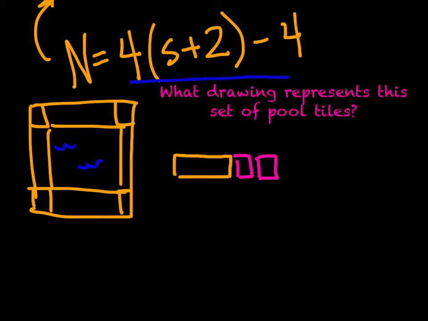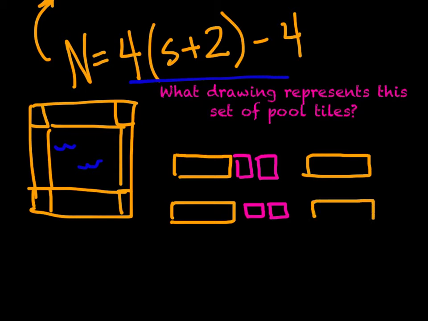So we have one, we have another group, and we have another one, and there's going to be another one. So I'm going to just draw those S tiles, and here's my single tiles. So there's my group of 4 of S plus 2 tiles.